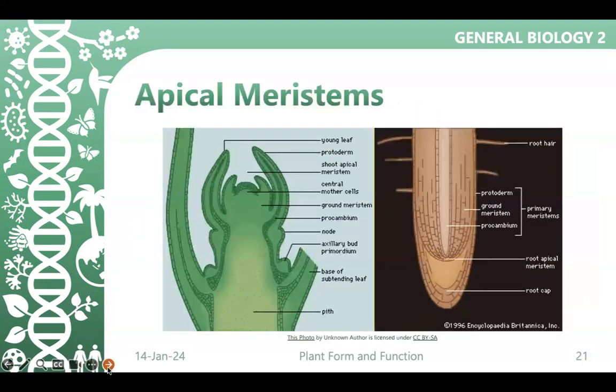So there are three types of meristems. The first one is the apical meristem. Above the soil, we can find the shoot apical meristem. This is found at the tip of the shoot or at the tip of the stem.